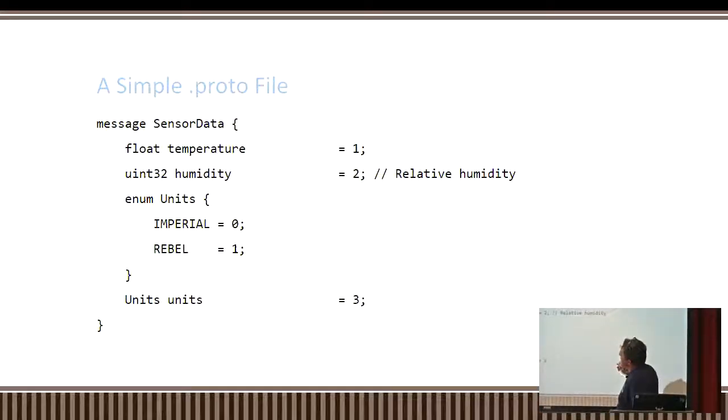I've named my message type SensorData. It's got a temperature, a humidity, and an enum that I use so I can say which kind of units I've specified the temperature in.